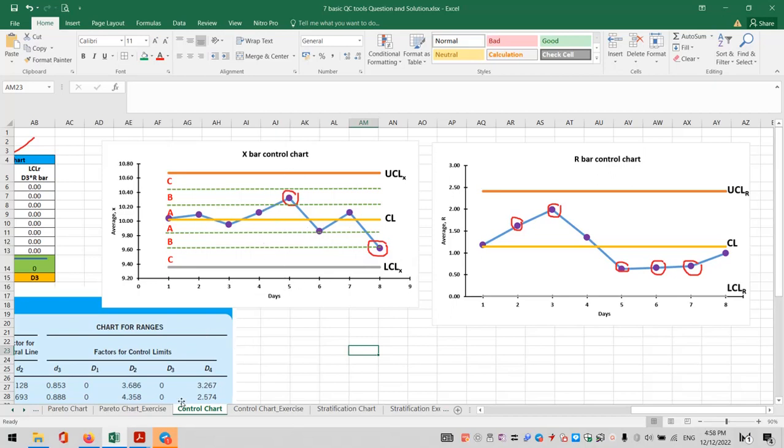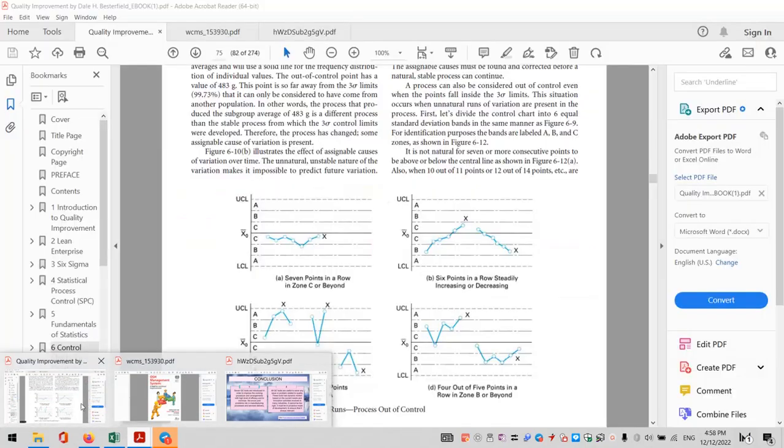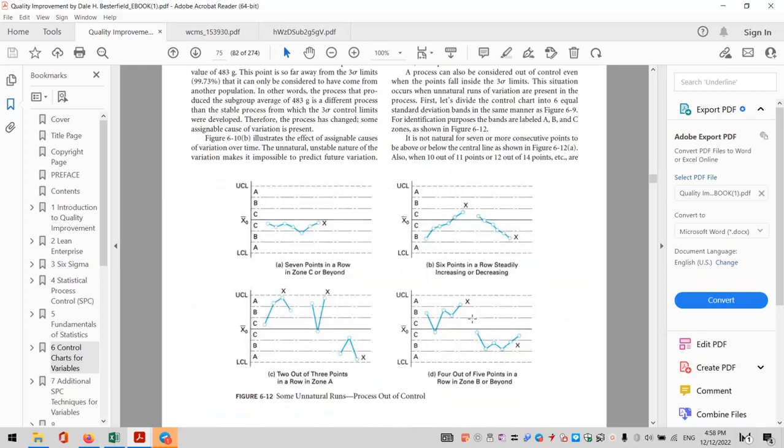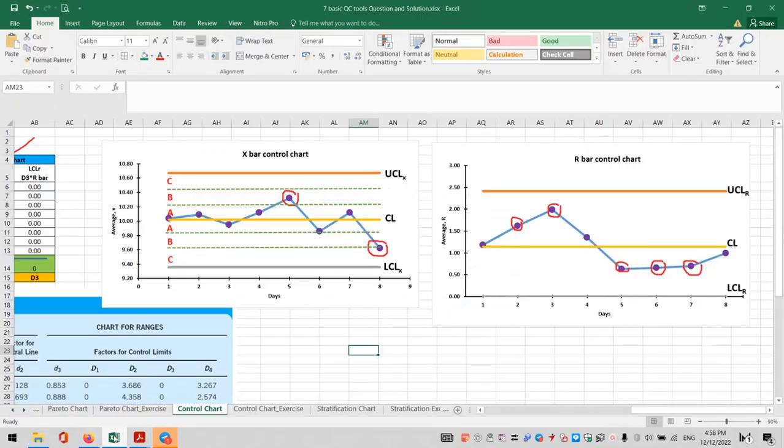Kalau 4 tu macam ni kan. Kalau yang ni, kalau ikut kita tengok, yang ni duduk region B, jauh dah ni. 1, 2.